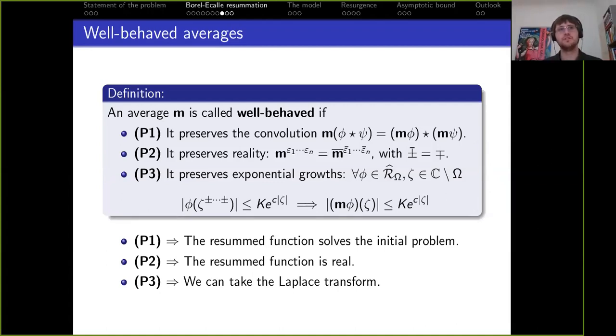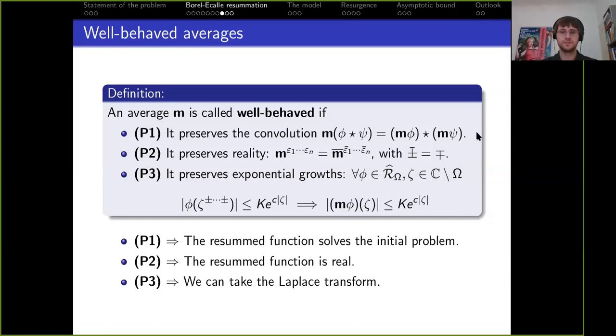Also, if you want to build physical functions, it's good to have real functions, meaning something that commutes with taking the complex conjugate. And it's easy to see that if you require that when you flip your path, you just take the mirror under the singular direction, then you just take the complex conjugate of the weights.